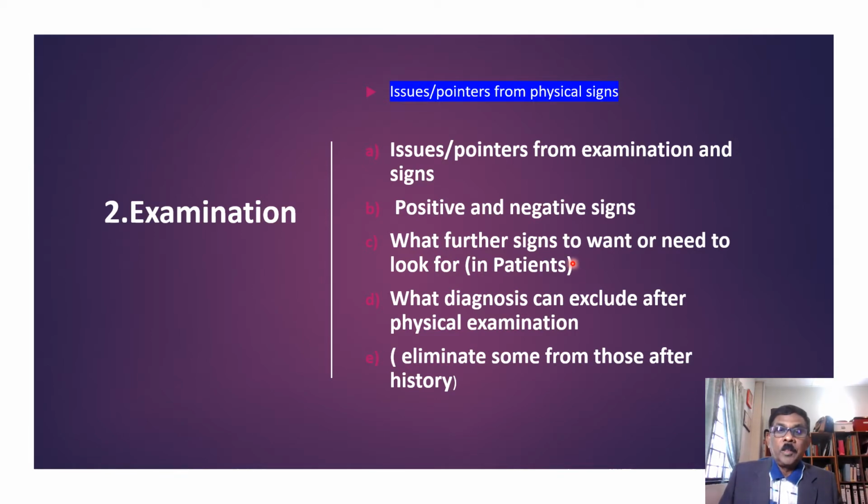After this, you decide what diagnosis you can exclude after the signs that you obtain from the physical examination, that is, to eliminate some of the diagnoses from those that you have listed after the history.